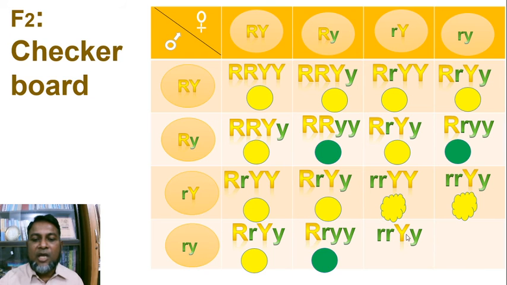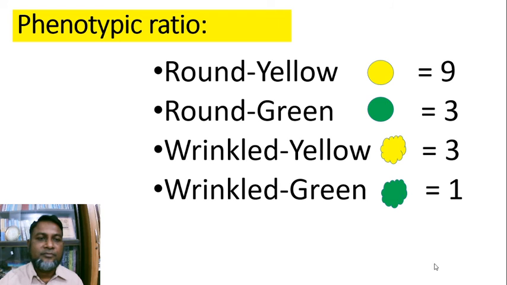Small r capital Y small y: seeds are wrinkled but yellow for capital Y. Small r small y: so seeds are wrinkled and green colored. Phenotypic ratio is round yellow 9, round green 3, wrinkled yellow 3, wrinkled green 1.